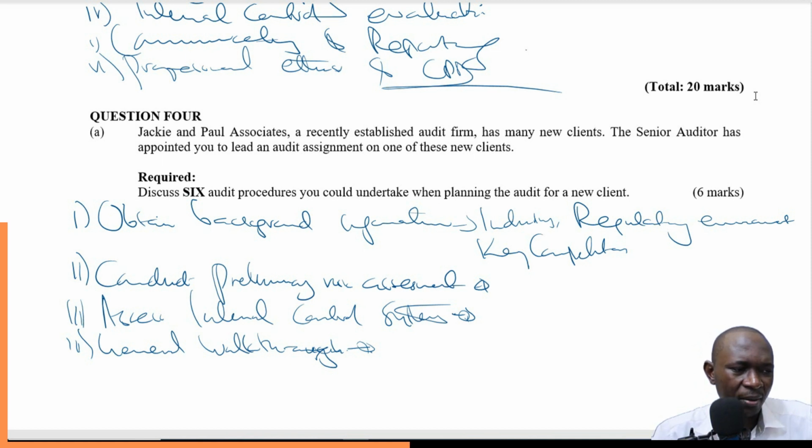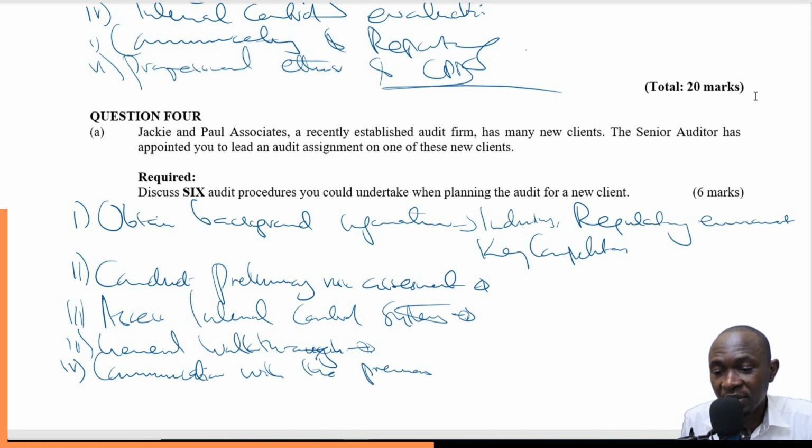Then we also have communication with the previous auditor. This is very important. It's professional communication with the previous auditor, and this is to get some information about this new client.